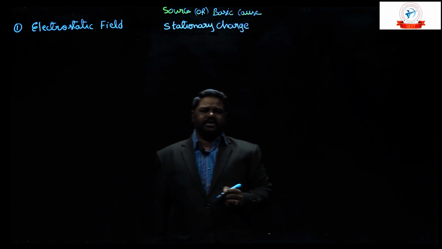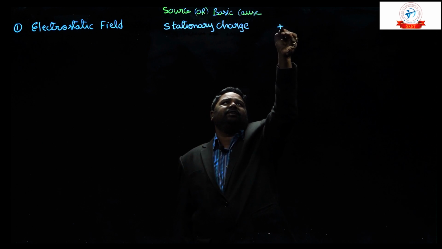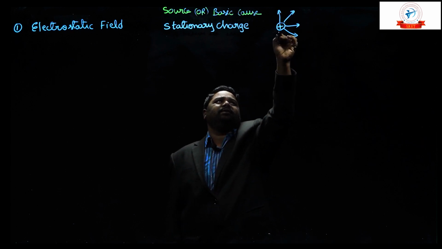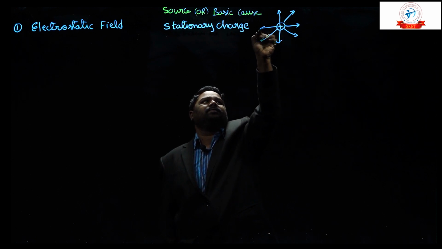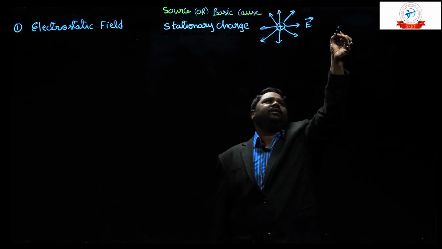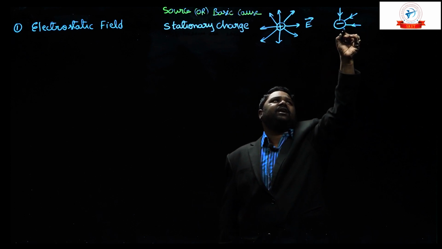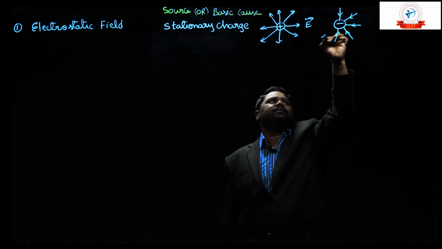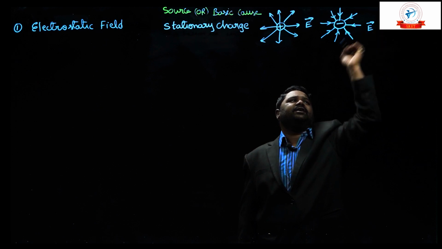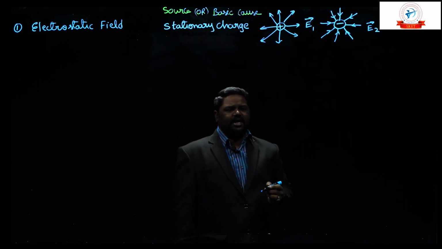The stationary charge may be a positive charge or a negative charge which is not moving. So a stationary positive charge can produce an electrostatic field E bar, or a stationary negative charge can produce a static electric field. Like this, a stationary charge can produce an electrostatic field.